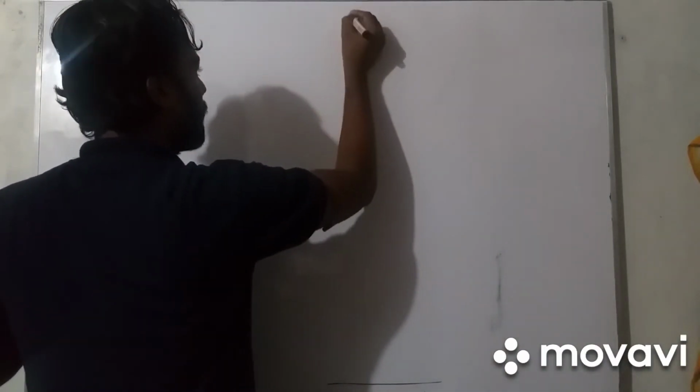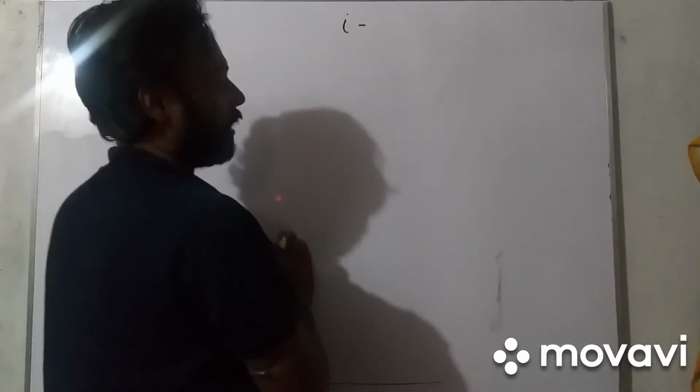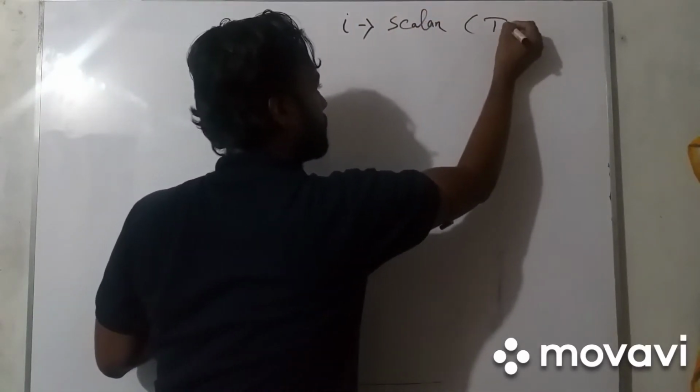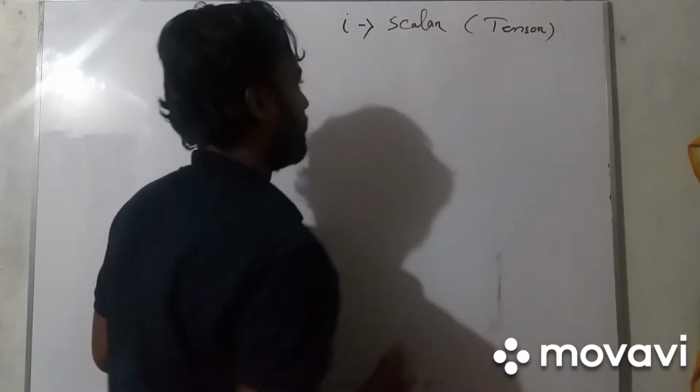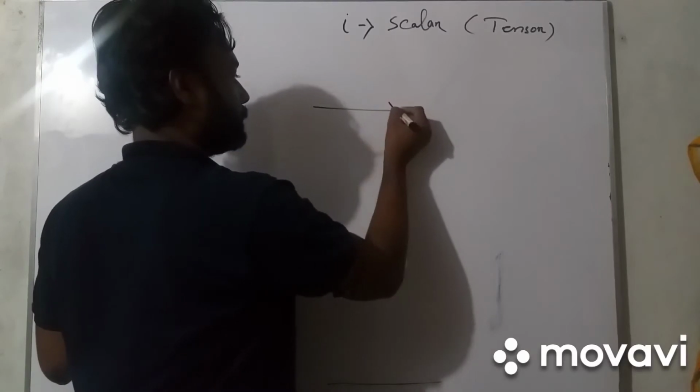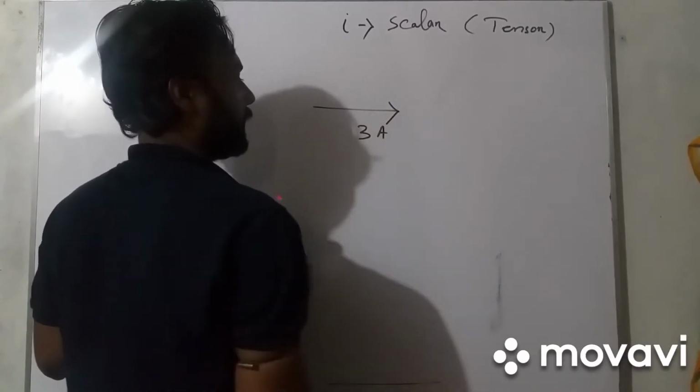Okay, so current is a scalar or tensor. Why? Because, suppose this is 3 ampere of current.